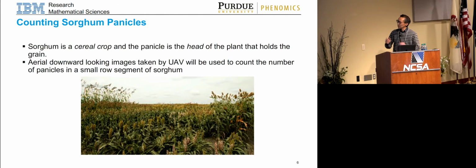And the panicle is the head of the plant that holds the grain. It is an important phenotype that's closely related to a lot of other phenotypes, including in particular biomass. And we try to estimate this phenotype using aerial downward-looking images taken by UAVs.